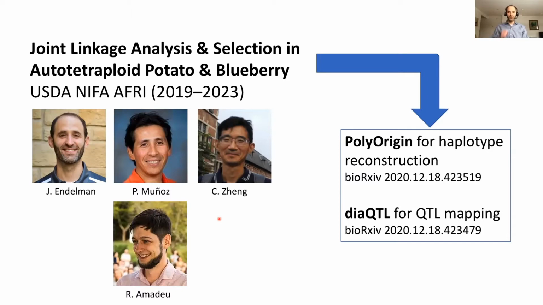The four of us have been working for the last couple of years as part of a USDA AFRI project to create two different software packages that are now both available, and the manuscripts are under review, and you can read more details about them on bioRxiv. The one we're talking about right now is PolyOrigin, which is focused on analyzing the genetic marker data to reconstruct haplotypes in the progeny, and then that can feed into QTL mapping, which we're going to talk about tomorrow.